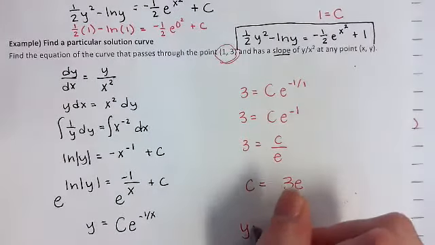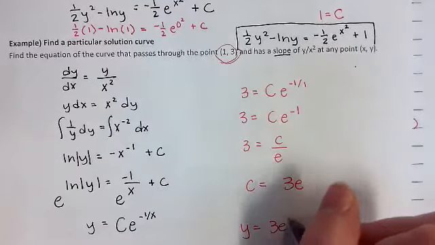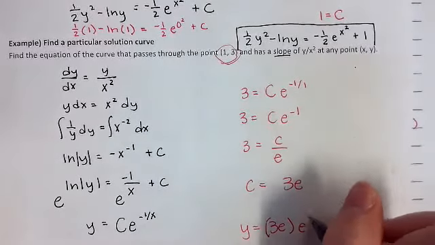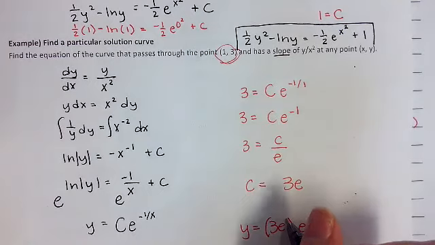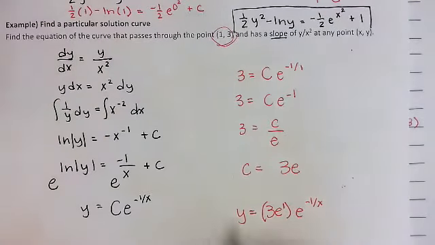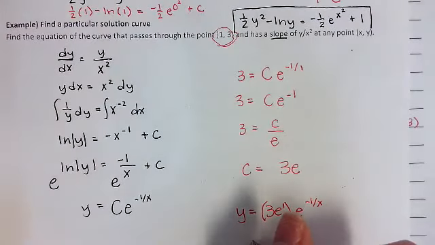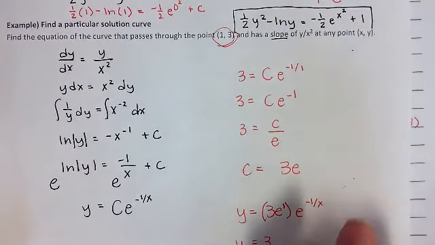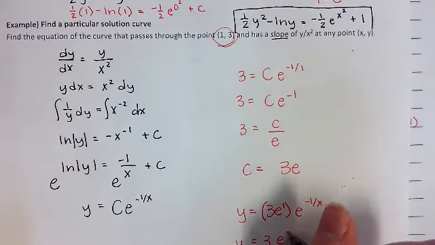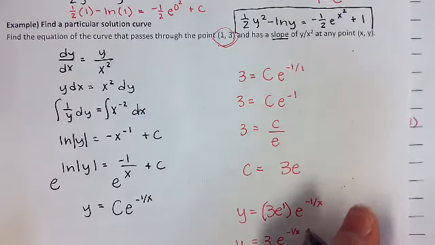So my particular solution is 3e times e to the negative 1 over x. Now, what is the power on this e? If I have things with the same base, you add the exponents. So it is 3e to the negative 1 over x. Oops, I thought it was plus 1.